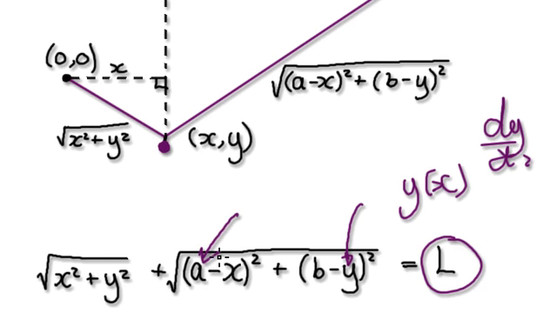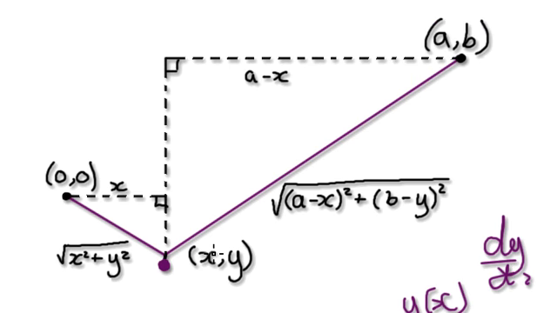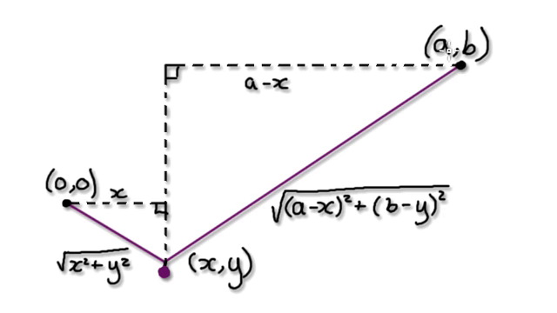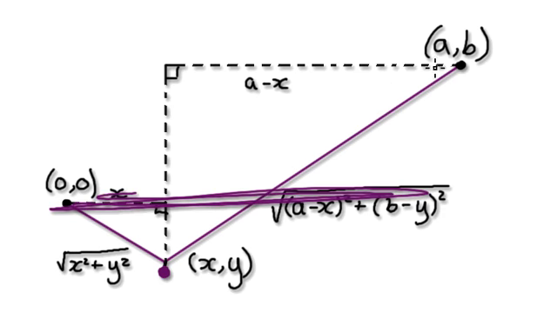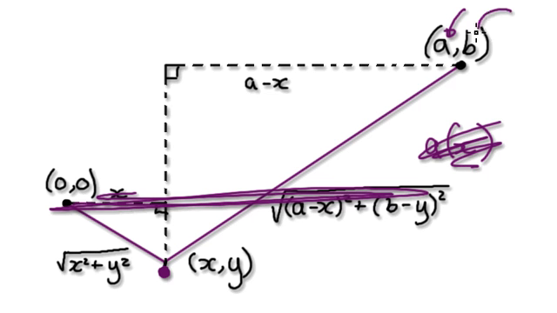Let's look at A here. As we slide x back and forth, A will always stay the same. A is not a function of x. The same goes with B. As you slide x back and forth, B will always stay the same.